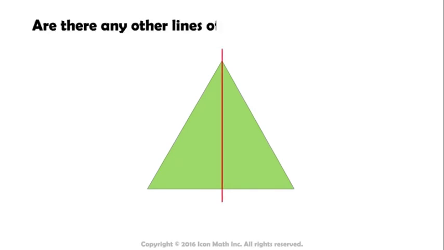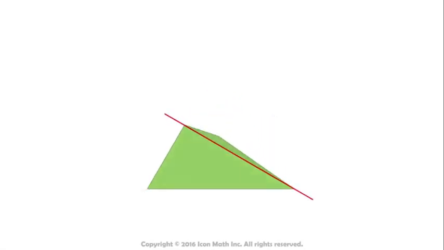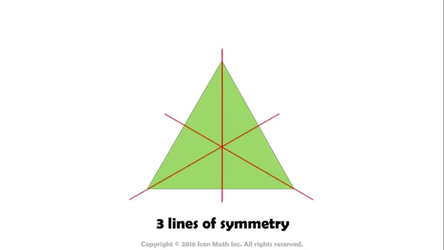Are there any other lines of symmetry in this triangle? Notice that we can fold our triangle like this to get two identical parts. And we can fold it this way too. What if we tried to fold it horizontally like this? As you can see, the resulting parts are not identical. So, an equilateral triangle has three lines of symmetry, one vertical and two diagonal.